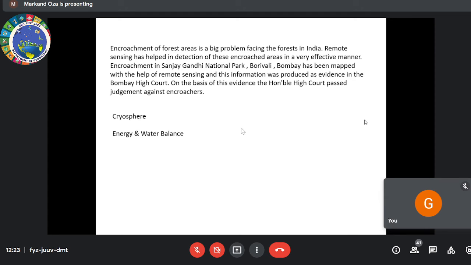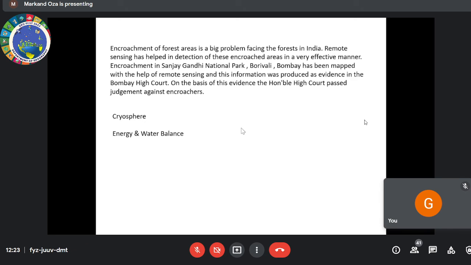Now, a very important theme is cryosphere. Cryosphere means snow, ice, high albedo regions. They are very important in the hydrological cycle as well as in the atmosphere, because if our snow cover is reduced, then a lot.